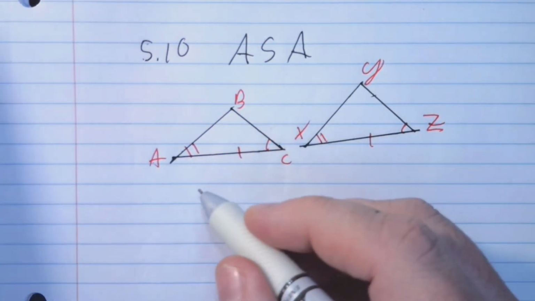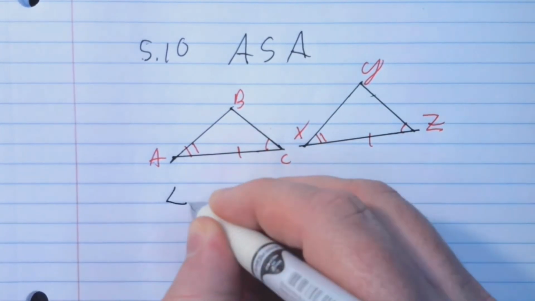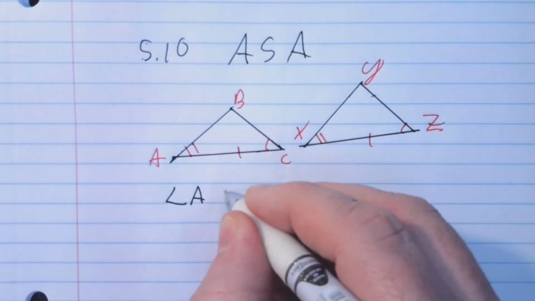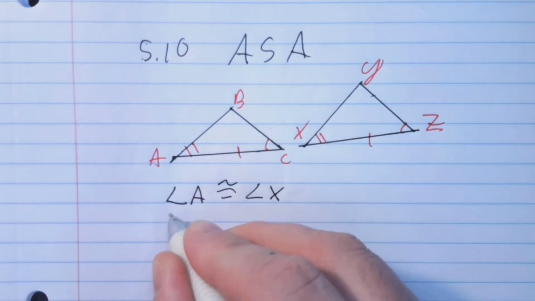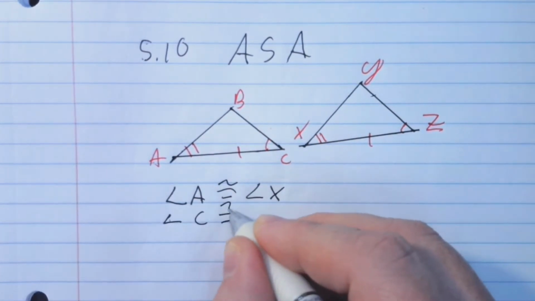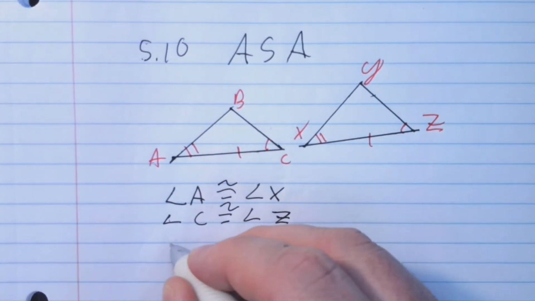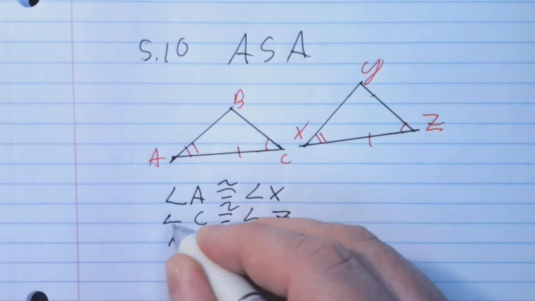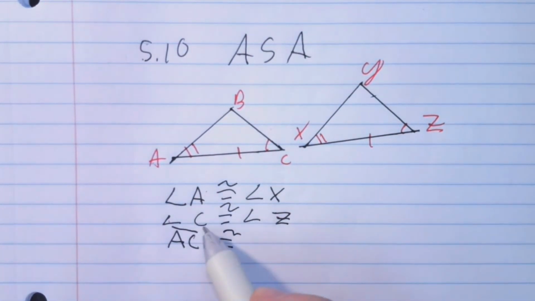Okay, so basically what's going on with this is angle A is going to be congruent to angle X. Angle C is going to be congruent to angle Z. And AC is congruent to, well, see how I have AC?